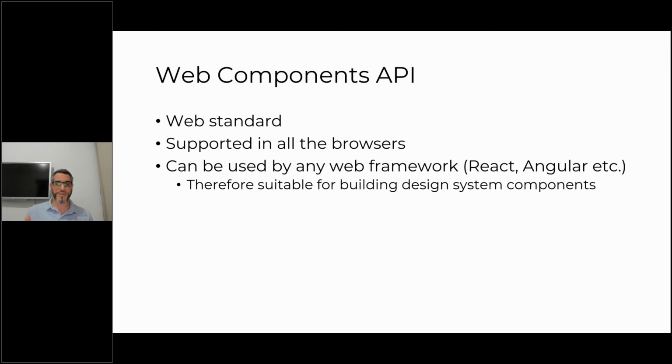It's a standard that was released around 2014, something like that, the first bits and bytes. It's a mature web standard that is implemented and supported in all the browsers. The idea of Web Component API is a native ability to create components that can be used inside your application, even in Angular, React, Vue, whatever framework you want to use.